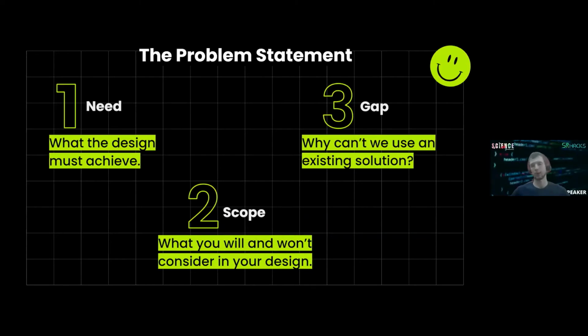Because there's an old expression: if it ain't broke, don't fix it. This is what the gap aims to avoid. People fixing things that were never broken in the first place. Why would you create a new design if something that exists works better? The gap is what doesn't work currently.